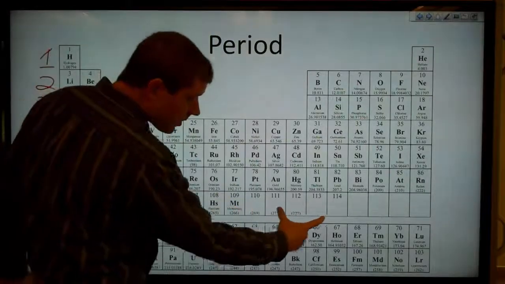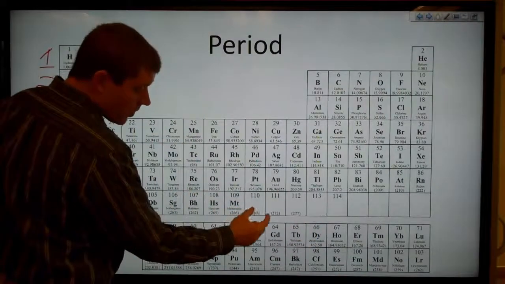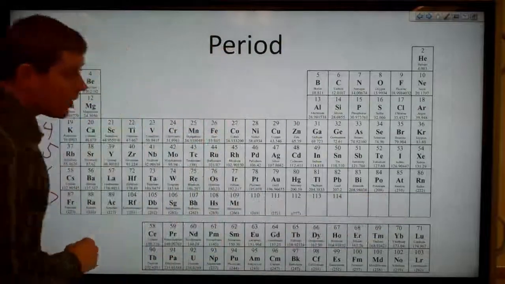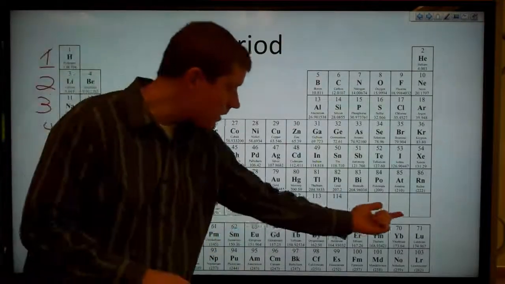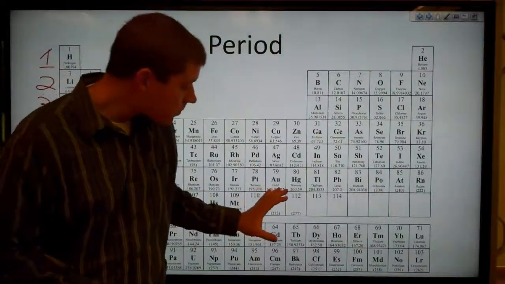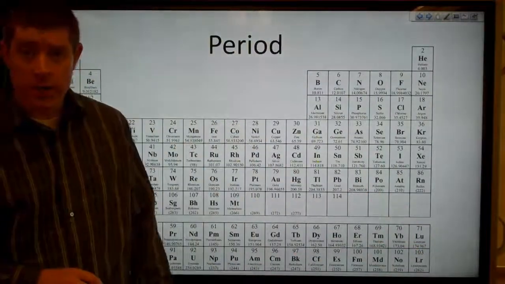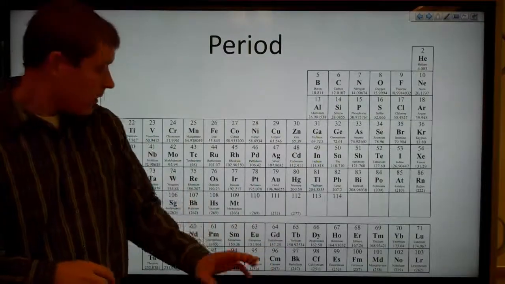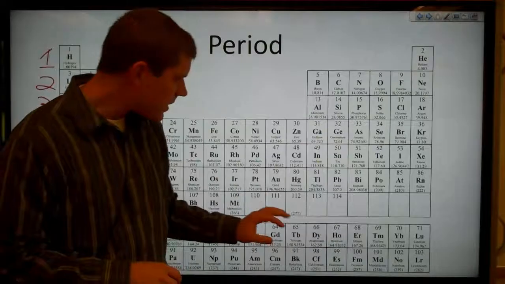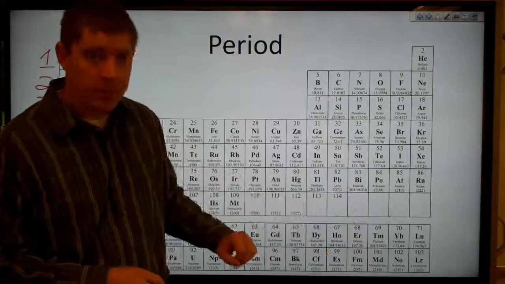You notice that on my periodic table here, we don't have symbols in there. On a newer version of a periodic table, we would have some symbols in here. We've actually discovered all the way through element 118 as of the recording of this video. They aren't all named. Most of these, I think we've tentatively named a couple of them.